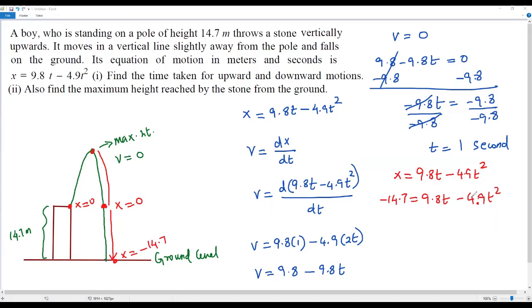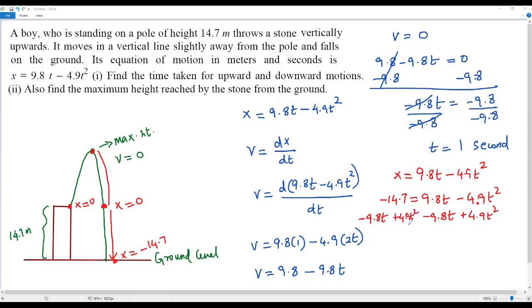So I need the t squared term, the t term and the constant on the left side, and 0 on the right side. For that, I have to subtract 9.8t from both sides, and also add 4.9t squared to both sides.